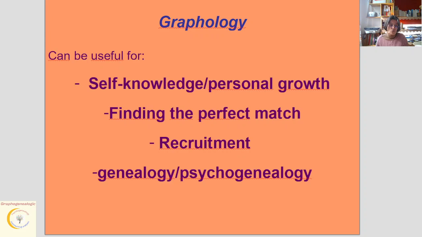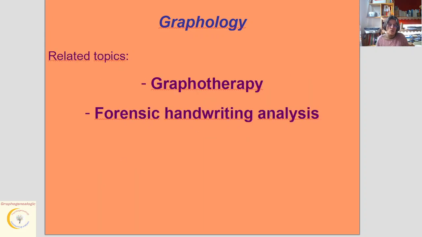Then we have also two other ways to use the handwriting. So we have graphotherapy. It is a way to help children or adults whose handwriting is not efficient, whether it be illegible or too slow or too tiring, and maybe it hurts the fingers or the hand or even the arm.